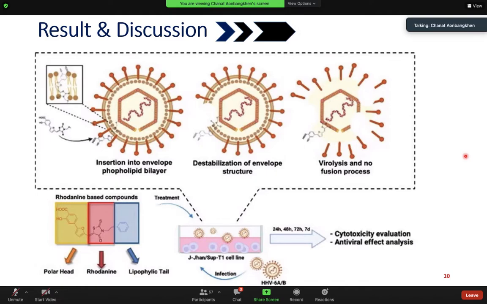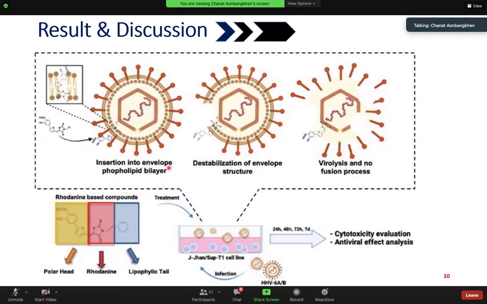I cannot understand the question. In this slide, you mentioned the compound inserts into the virus, and they will do the process. So, can you briefly give us information about this process? I didn't understand. Okay.